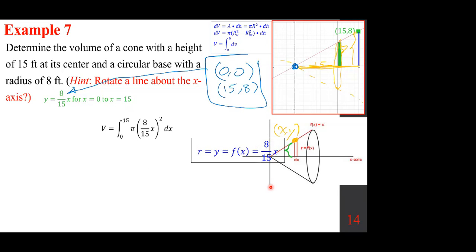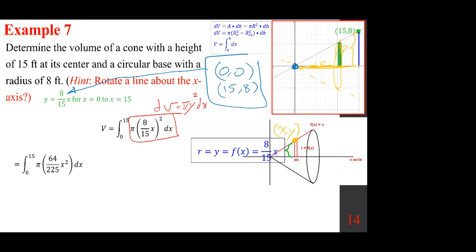Let me just write this, by the way, just in case. So dv is pi y squared dx. And so this is pi. You square it, it becomes 64. You square the 15, it becomes 225.